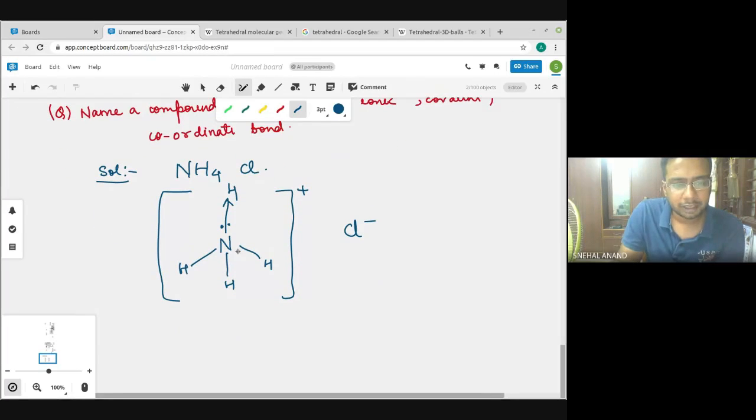So if you observe carefully, these red ones are covalent bonds. Okay, this blue one here, or if I make it green here, so this one is a coordinate bond. Correct? And the whole ammonium and chlorine has an ionic bond.